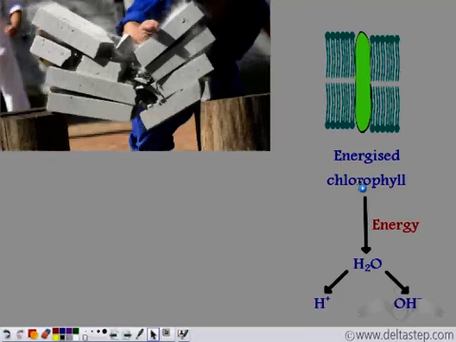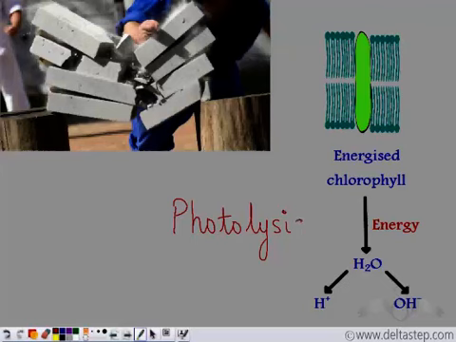And this process is known as photolysis. That is the lysis or the breakdown of water in the presence of photons or light energy.